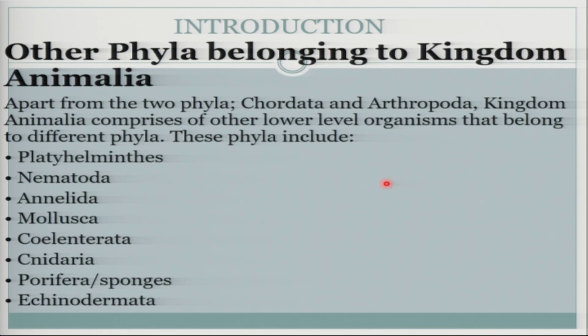But for these other lower-level organisms that belong to different phyla of kingdom Animalia, we have the following: Platyhelminthes, Nematodes, Annelida, Mollusca, Coelenterata, Cnidaria, Porifera, and Echinodermata. Those are other lower organisms that are also under kingdom Animalia, of which we are just going to look at their characteristics and examples, all right?